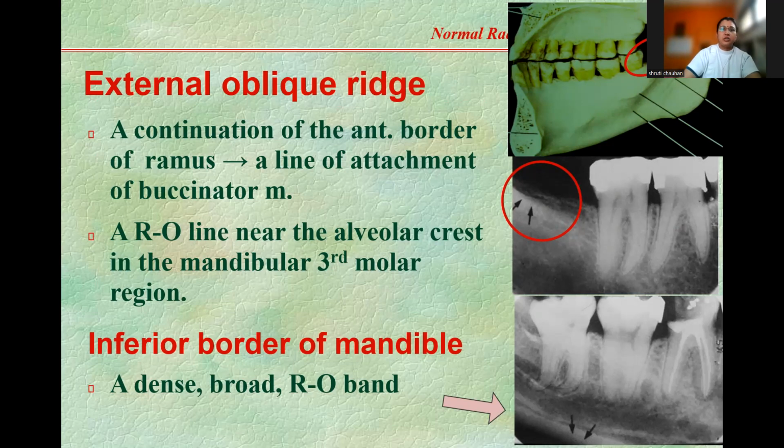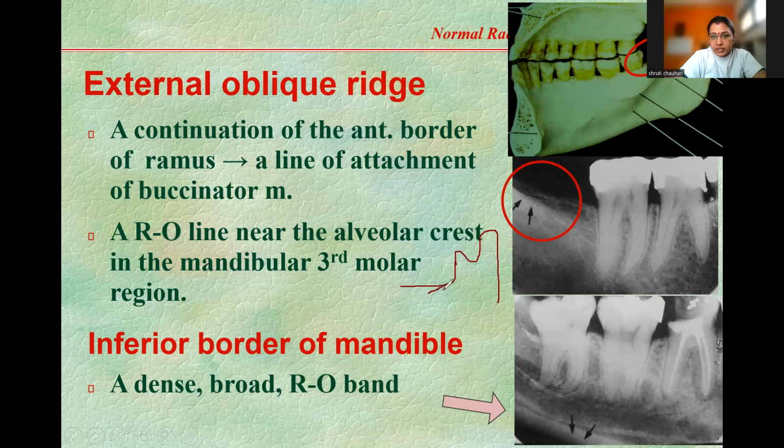Let me just draw this once. See, when I am drawing my mandible, I will draw the condyle, the coronoid, and the condyle. And this will go like this.